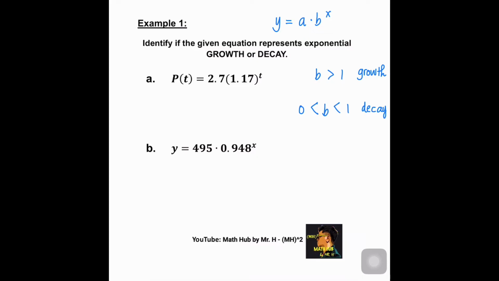If you take a look at example A, this 2.7 is a, and this factor, 1.17, is b. Like I mentioned earlier, if b is greater than 1, then we're talking about exponential growth. So the answer to example 1A is growth. For example 1B, this is the value of a, and this factor is b.